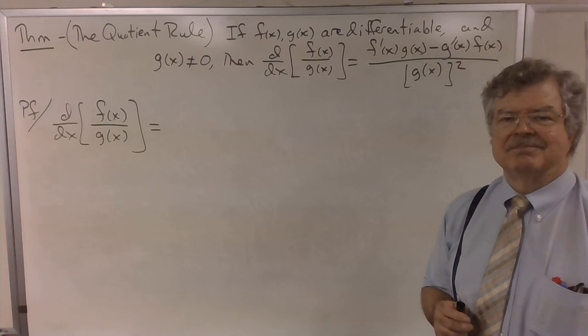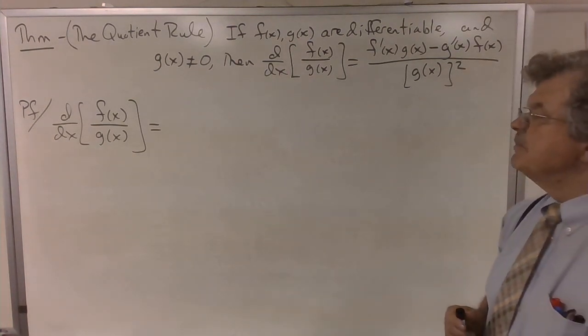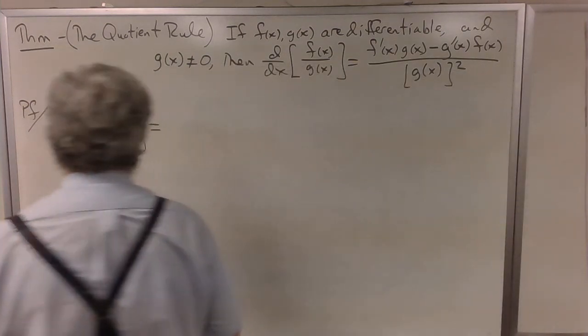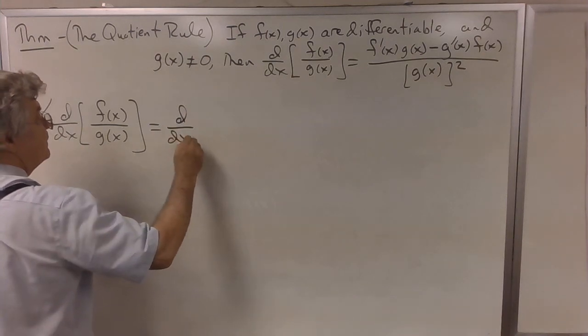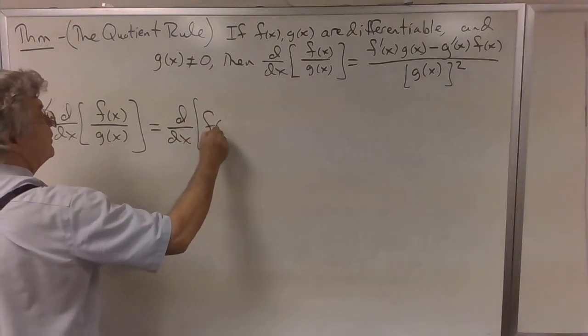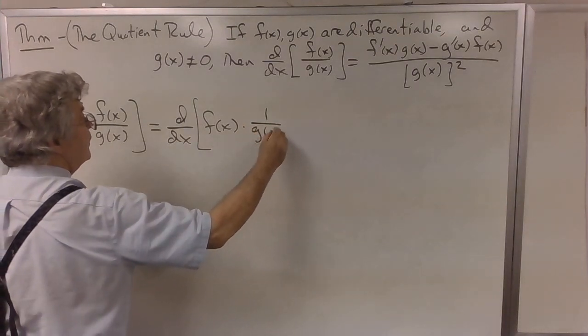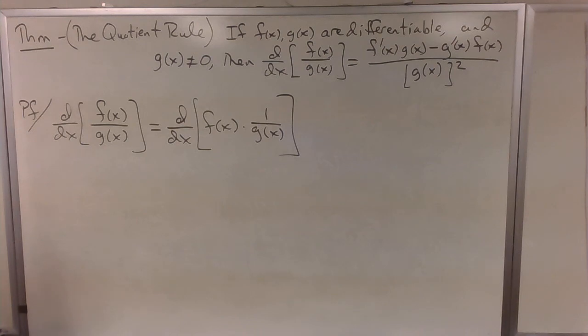Okay, are we back? Hopefully we did those without too much trouble. Now let me just go ahead and do this in earnest. We write this as a product. And then we use the product rule.